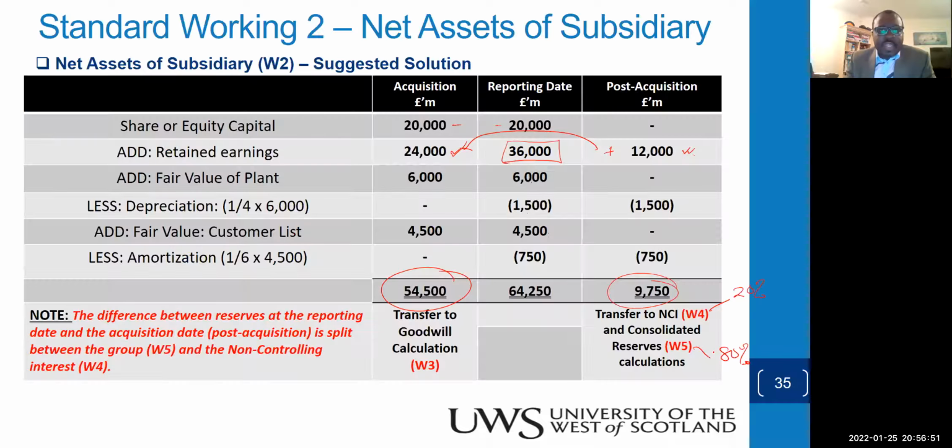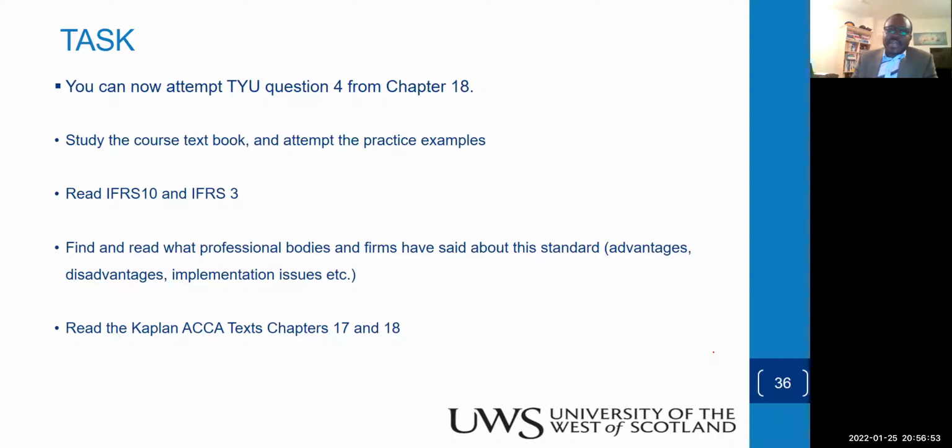So at this point, given this, I will ask you to attempt the TYU question 4 on chapter 18. Please take your time, study the text, practice more examples. You can easily get IFRS 10 and IFRS 3.